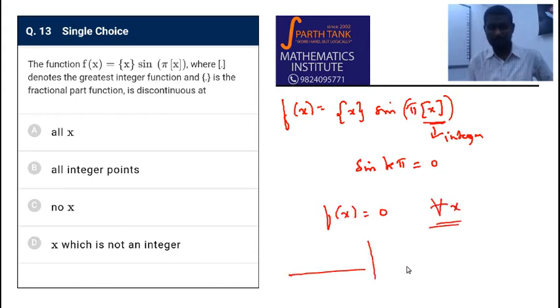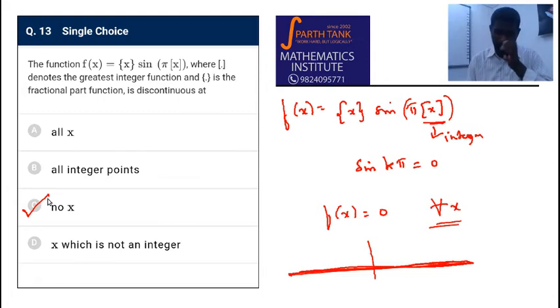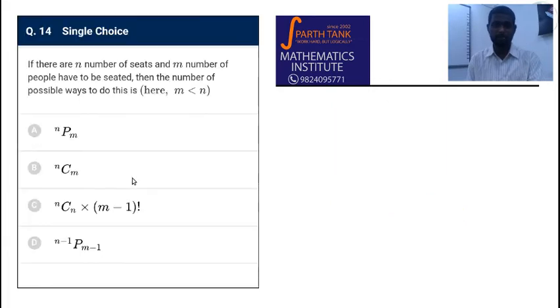So it is just the x-axis. f of x is 0 means the x-axis, which is continuous at all points. There is no discontinuity. You can even say it is differentiable at all points. Therefore, it is discontinuous nowhere. 'No x' is the correct answer. Be careful, don't rush into the answer that it is discontinuous at all integer points.